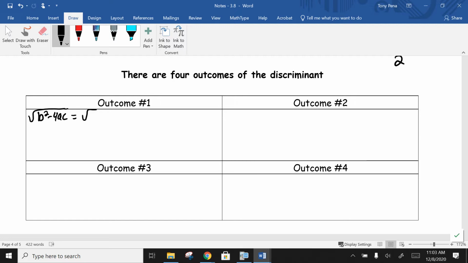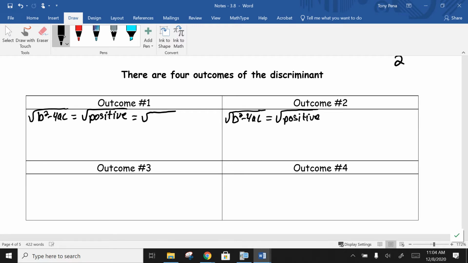One of the things that could happen is we could get a positive number. And then actually I'm going to have you do the same thing I did last period. Go to outcome number 2 and write the same exact thing. When we evaluate this, we could take the square root of a positive number. But there are 2 types of positive numbers we could get.